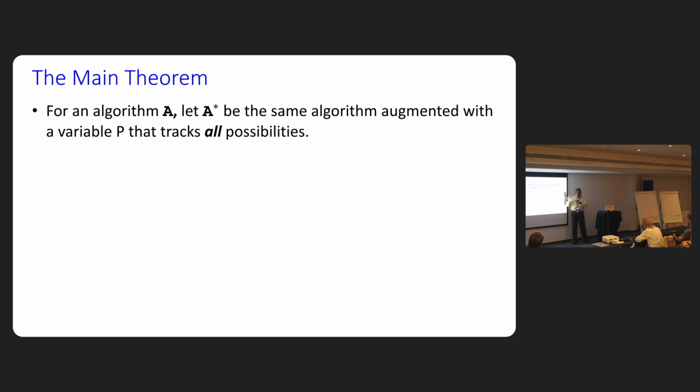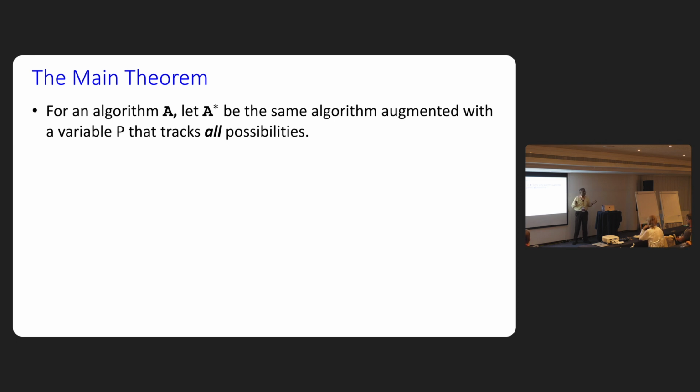Again, this is not an algorithm you run, so don't worry about how you can atomically run that and this. Just imagine doing that, with a variable P that tracks all of the possibilities. So are we clear about what this algorithm A star is? A star is the original algorithm A equipped with this extra variable capital P, which is updated with each step of the original algorithm as we just explained.